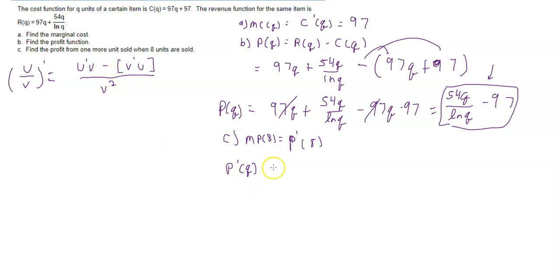So if I come here, the derivative of 54Q, well, that's 54. And remember, the minus 97 over here is going to become 0. So I'm really focused in on this part. And then I'm going to multiply that by the log of Q. That's a Q, not a G. And then I'm going to subtract the derivative of the denominator.